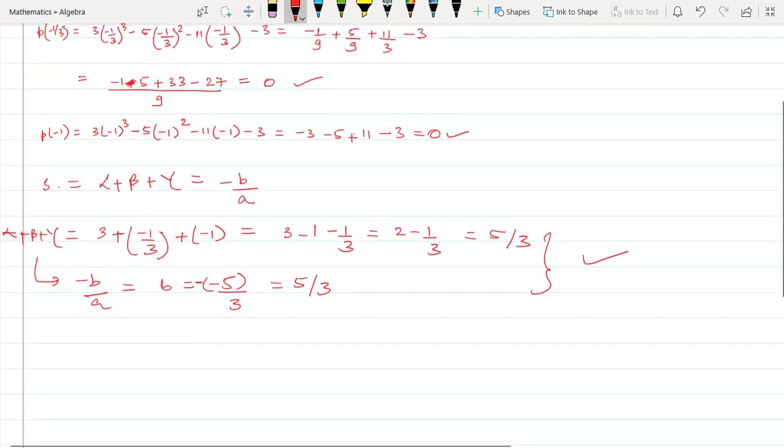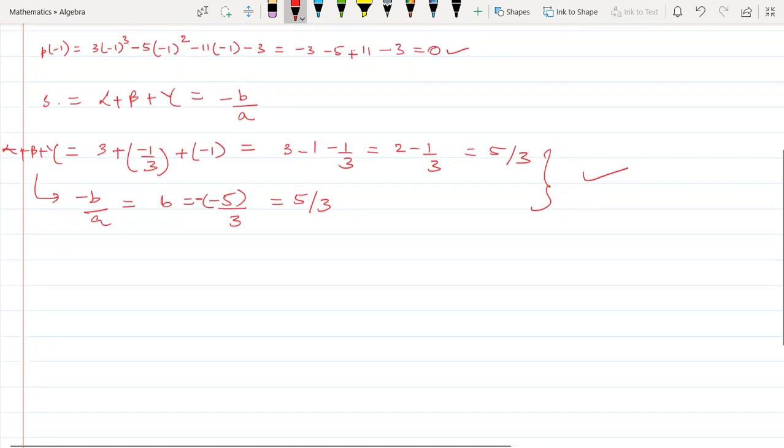Now let's do the second one. That is alpha beta plus beta gamma plus gamma alpha should be equal to c by a.